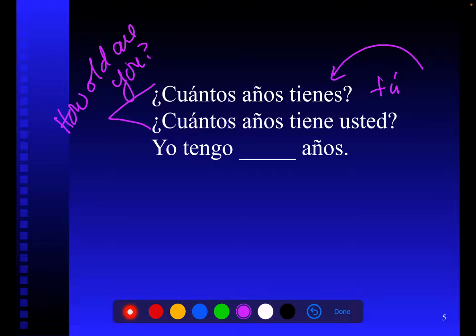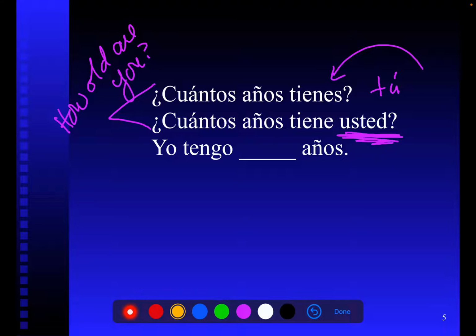Respectfully, if you want to be super respectful and you're addressing someone as usted, ¿Cuántos años tiene usted? So what we see is that when it goes from tú to usted, we drop off that S. Okay? And we add the word usted just to make it a little more obvious.